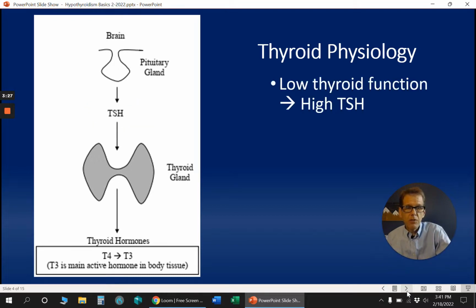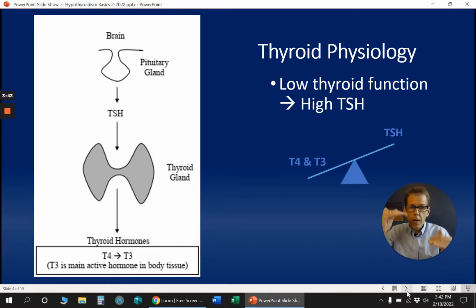And so that means that when we see low thyroid function, as the thyroid becomes underactive, pituitary will sense that, and TSH will actually rise. So if we think about T4 and T3 levels and TSH, under most circumstances, when the pituitary gland is working well, they're going to go like a seesaw. As T4 and T3 go down, TSH will go up, and vice versa would be the case for an overactive thyroid gland.